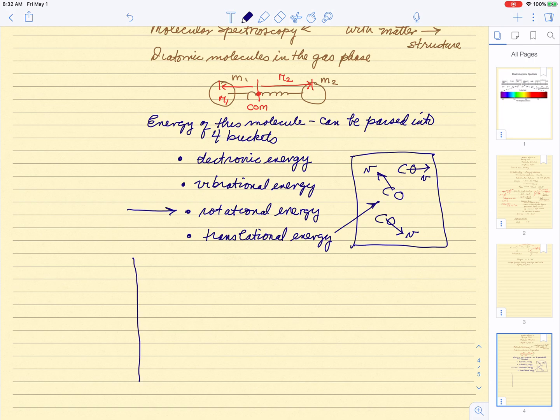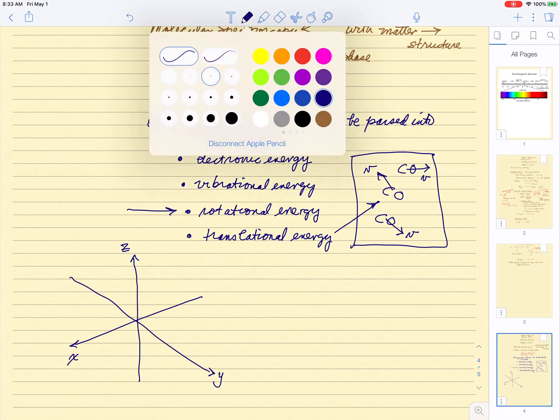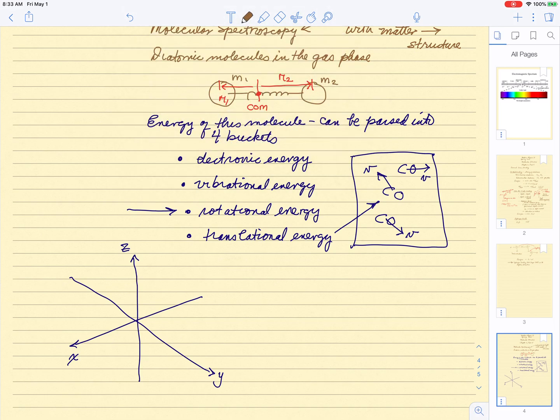Okay, so again, the picture that emerges here for us is: it's going to be the x-axis, the y-axis, and this would be the z-axis. We'll have a couple of atoms here. There's one.